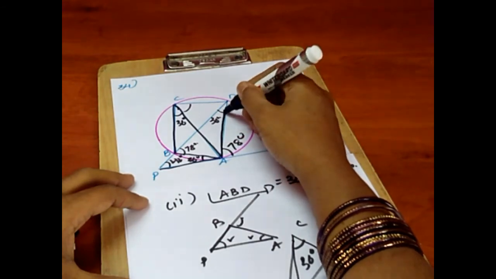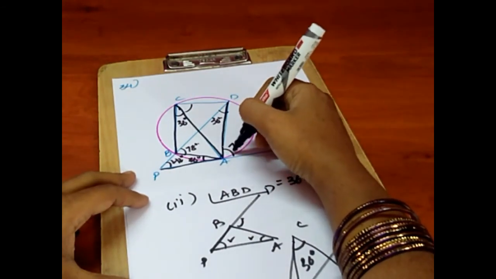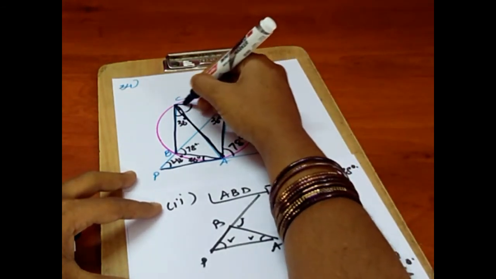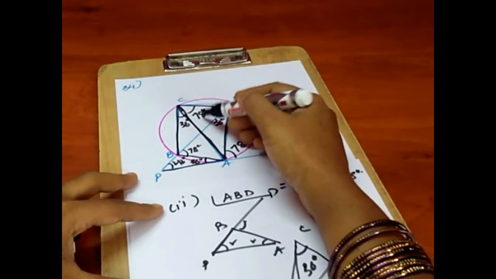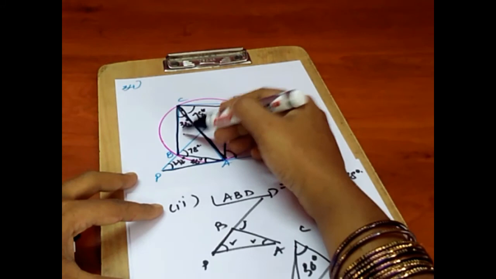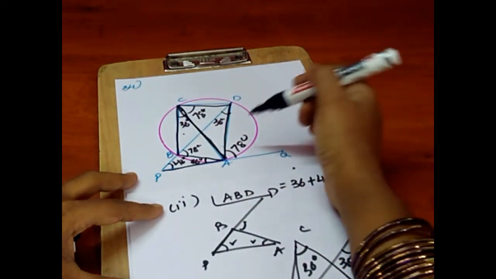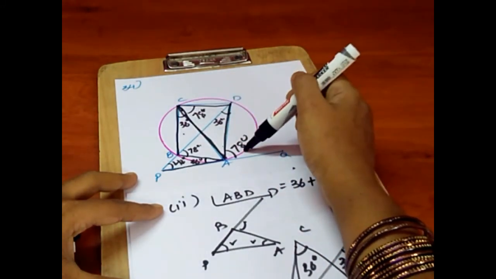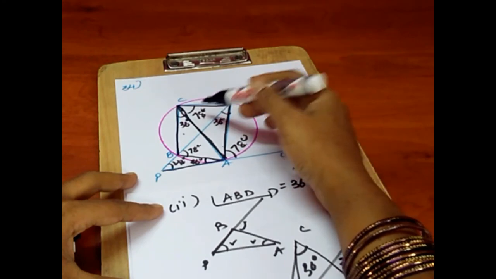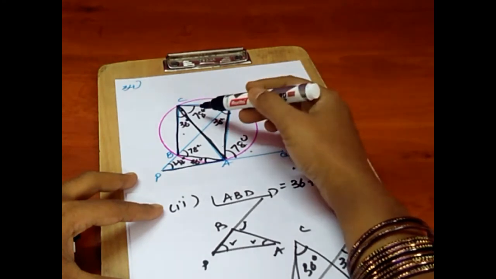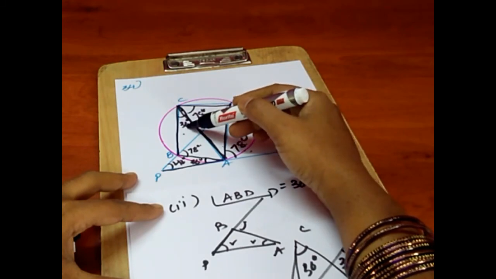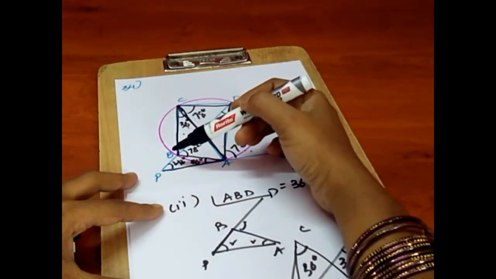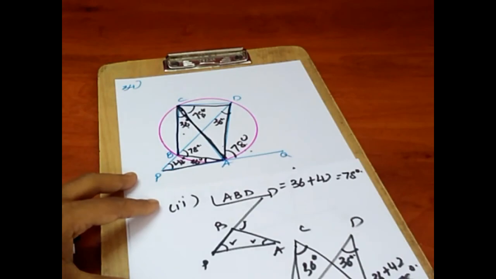So, if AD is a chord, the angle at the intersection point A is the angle of the same segment. So, 78 plus 36 will be equal to 114, the angle of the alternate segment. Here this is 78, hence this is 78. The sum of 78 plus 36 will be equal to 114. That is the measure of angle BCD.